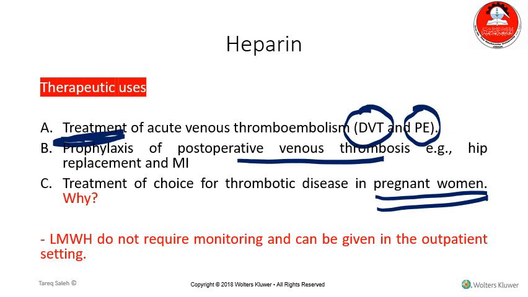Note here that while using unfractionated heparin for the treatment of these disorders, you will constantly need to monitor blood parameters such as bleeding time, prothrombin time, etc. But with low molecular weight heparin, you would be able to use it without this requirement to monitor bleeding times, and that is why low molecular weight heparin is a safer drug to be used in the outpatient setting.